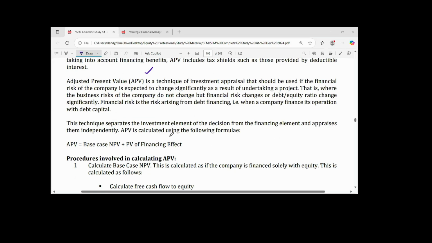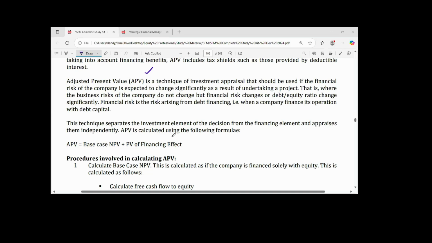When you want to compute APV, there are basically 4 procedures that you are going to carry out. The first one is to calculate base case NPV.